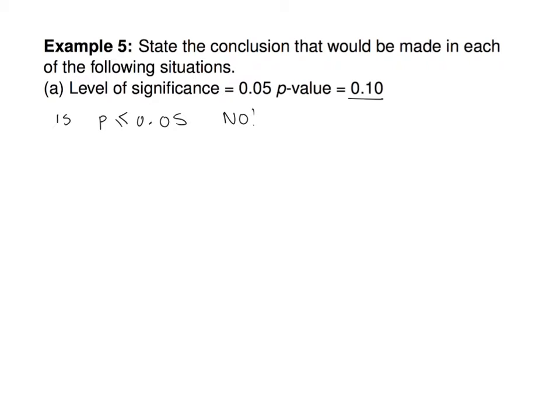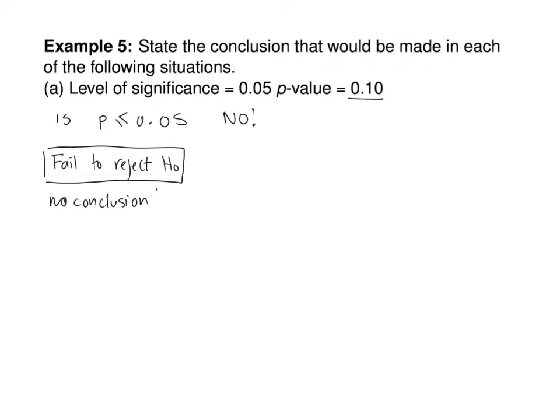No. So you fail to reject H naught. And there's really no conclusion that could be made. H naught might be true, might not be true, you just don't know. Bummer. Get a bigger sample.